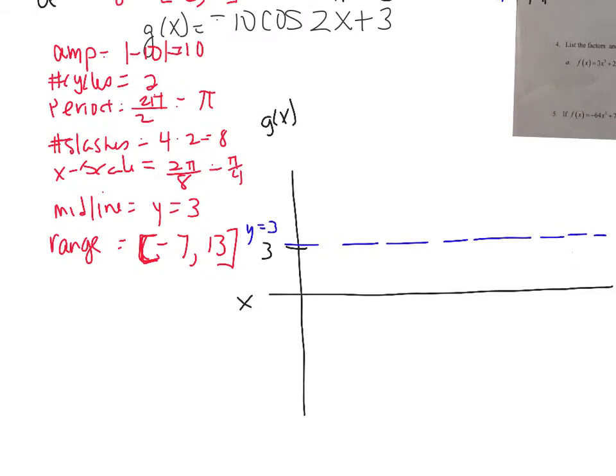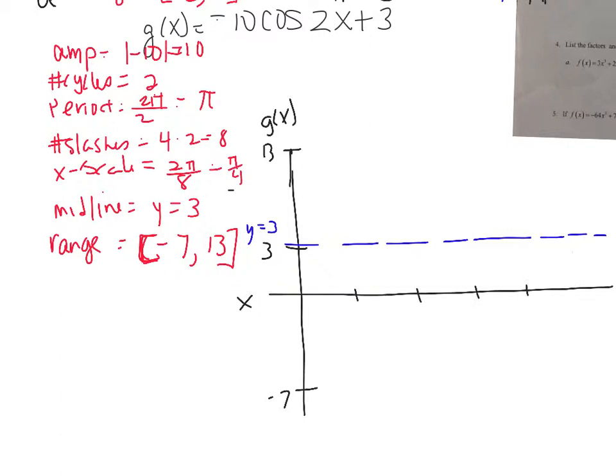There's y equals 3. I'm also going up to 13 and down to -7. All right, so now I do need to figure out how many slashes I actually need. Now, if you look here, I have 2 cycles in 2 pi. I don't want 2 cycles, I want 1 cycle. So I have to take my number of slashes and split that in half. So instead of having 8 slashes, I'm going to have 4.